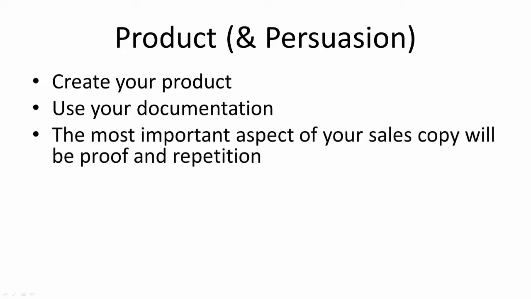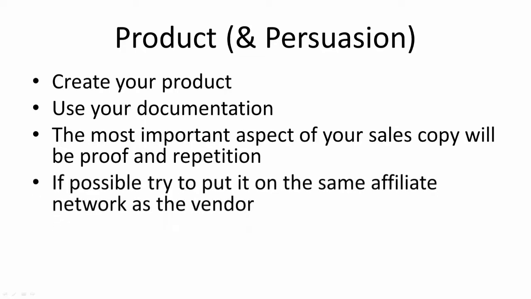The most important aspect of our sales copy is going to be the fact that we were able to get this result over and over again, and we can prove it. We're going to be able to prove it with our result. And in some cases, if we can actually get people to take our product, use it, and get the same results, this is going to be a fantastic way of putting social proof on our sales page.